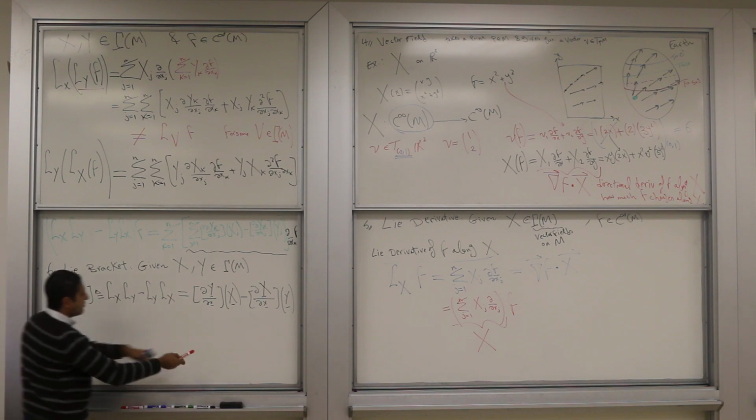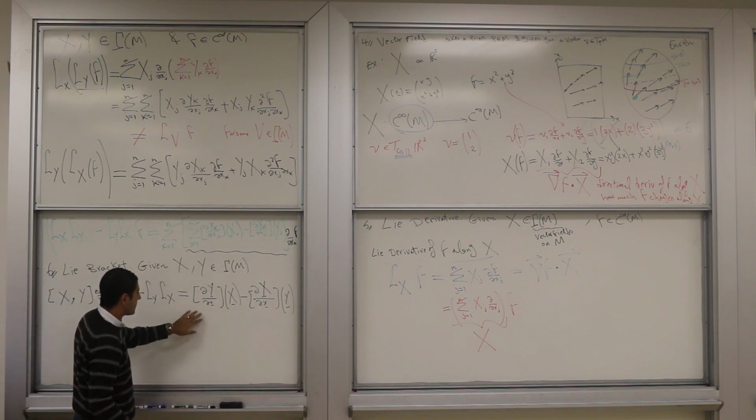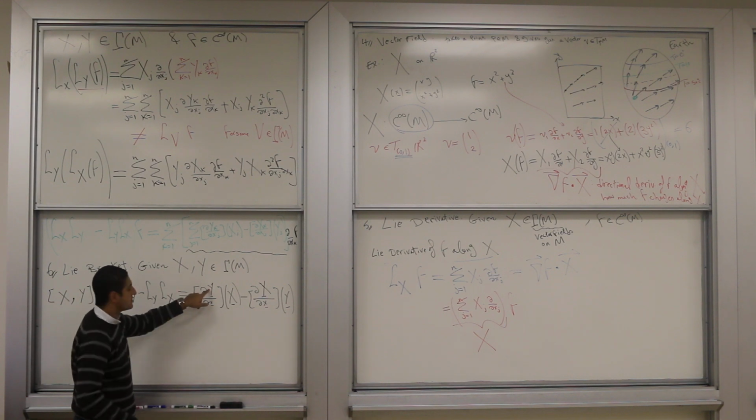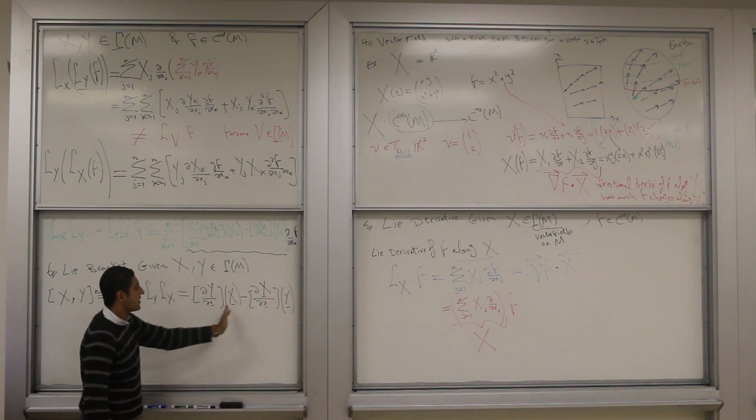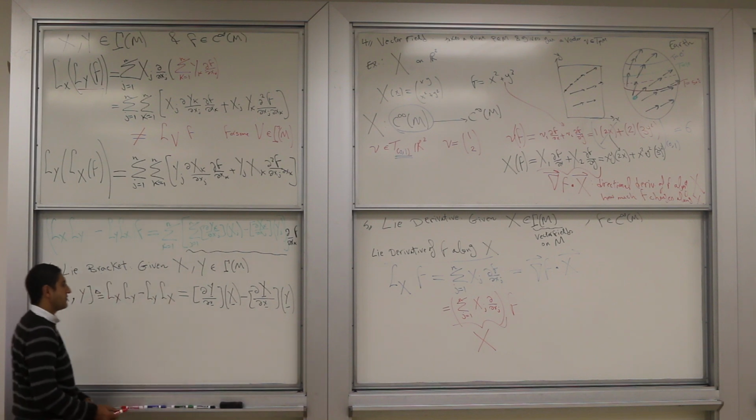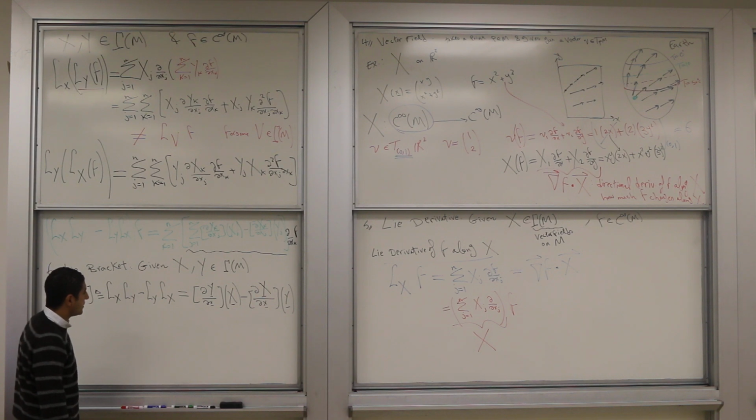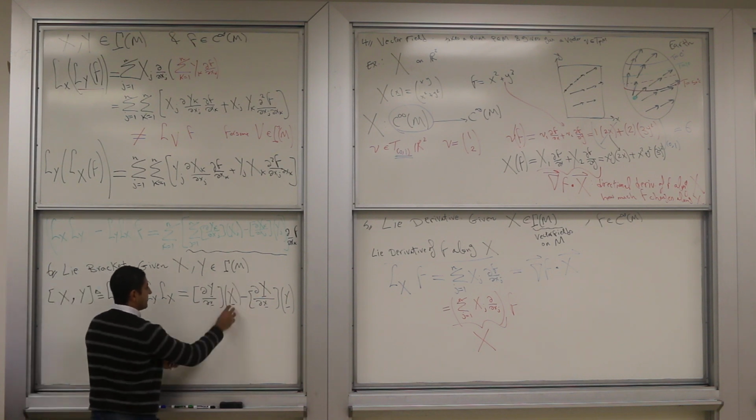I do this mathematical operation. What's this mathematical operation? It's straightforward. If Y is an array, a vector of components, differentiated with respect to the coordinates, this is what's called a Jacobian, right? So you get a matrix here, multiplied by X. Minus the other way around. So the derivative of one times the other, minus the other way around. This is a matrix times a vector, you get a vector.